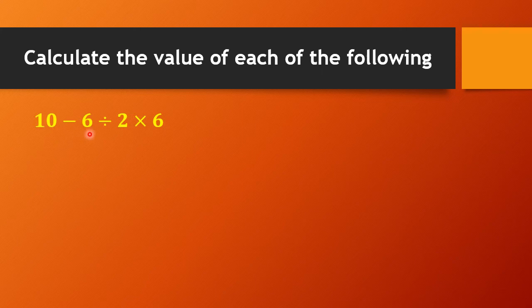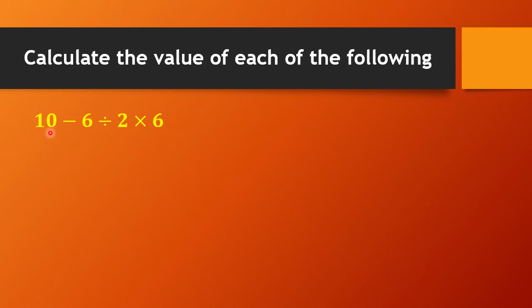10 minus 6 divided by 2 times 6. We have subtraction, division, and multiplication. The first operation we will do is division or multiplication. It will be division because this is the first operation from left to right.